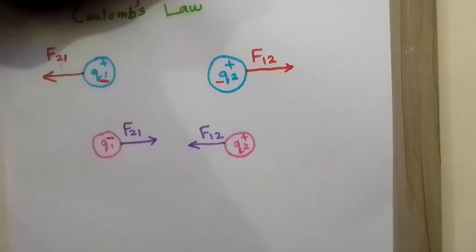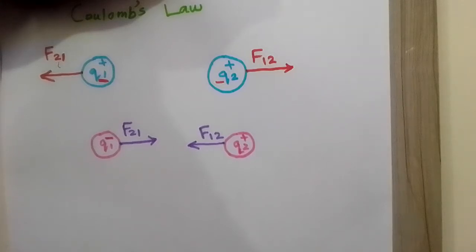Both of these forces are in the inward direction. This indicates that the opposite charges attract each other. q1 and q2 in this case are opposite charges because q1 is negative and q2 is positive. So they will attract each other and the forces will be in the inward direction.